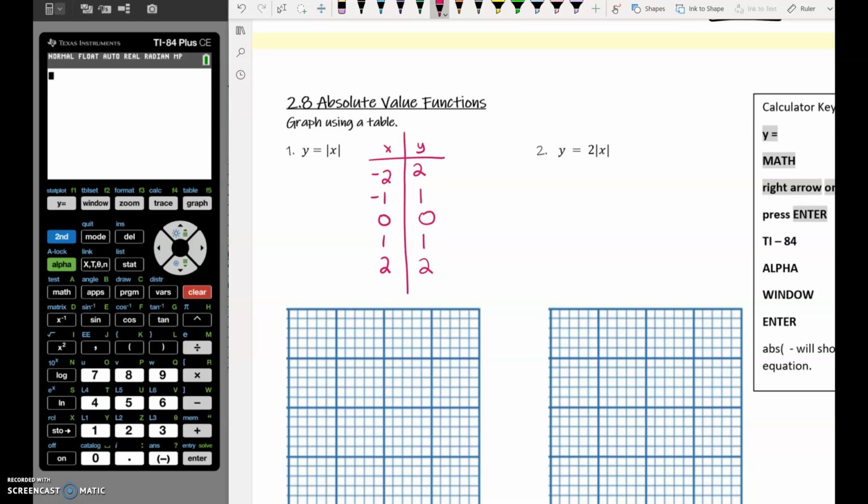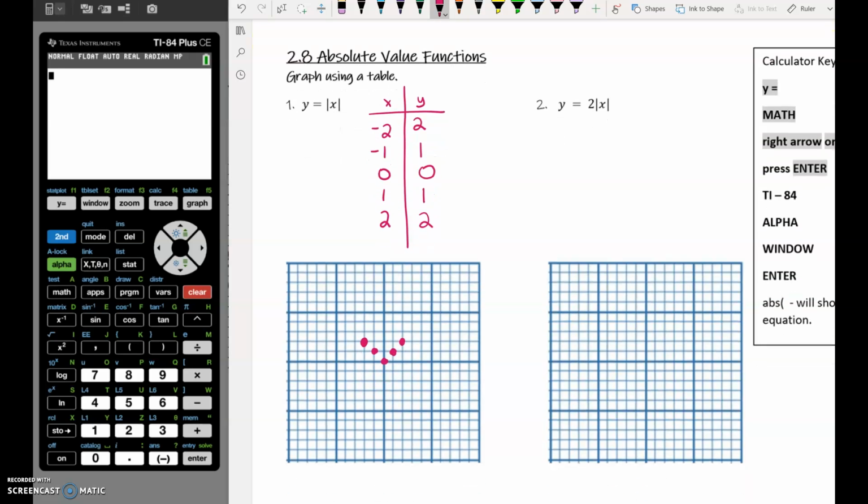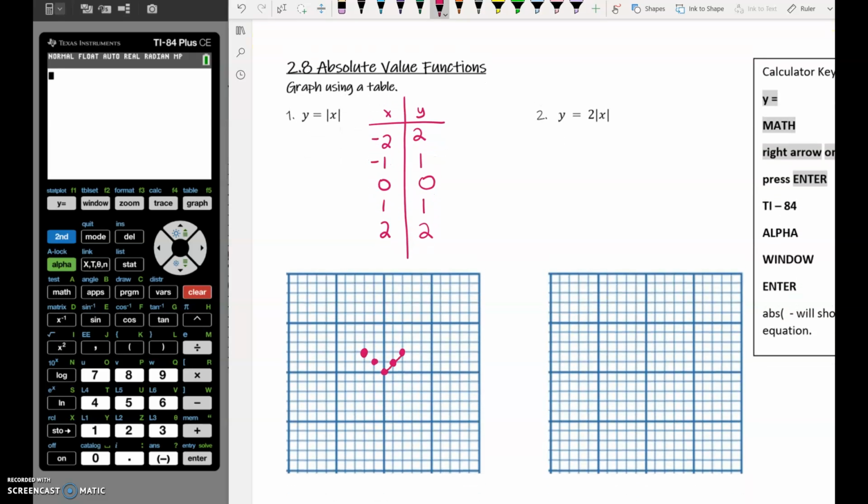Now if we graph these, -2, 2 is right here. -1, 1, 0, 0, 1, 1, and 2, 2. This is a V shape. It's kind of like the line y equals x.